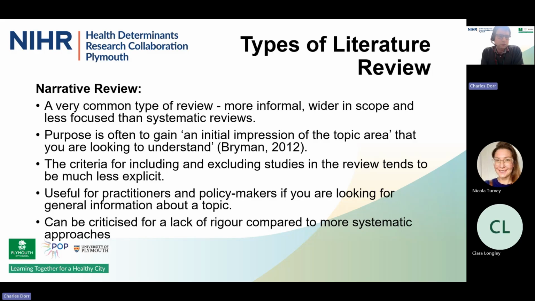They're often used to give an initial impression of a subject, and the criteria for what studies you include and exclude tend to be much less explicit. But they can be useful for practitioners and policymakers as well, just to give you information about a topic and some of the key research and the key findings that have been undertaken.